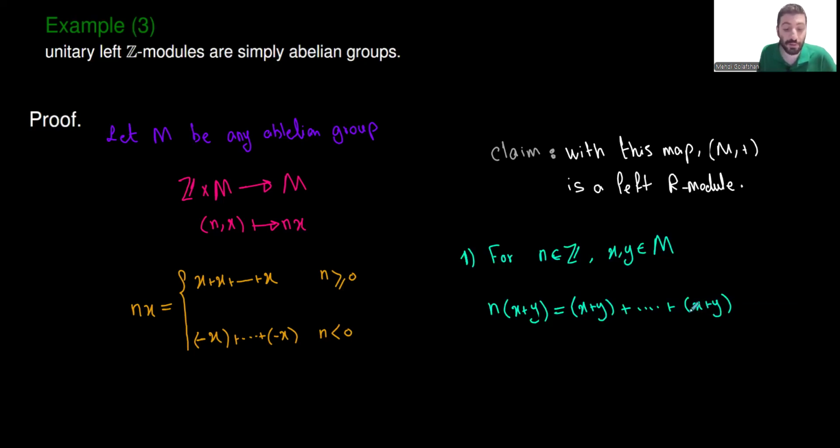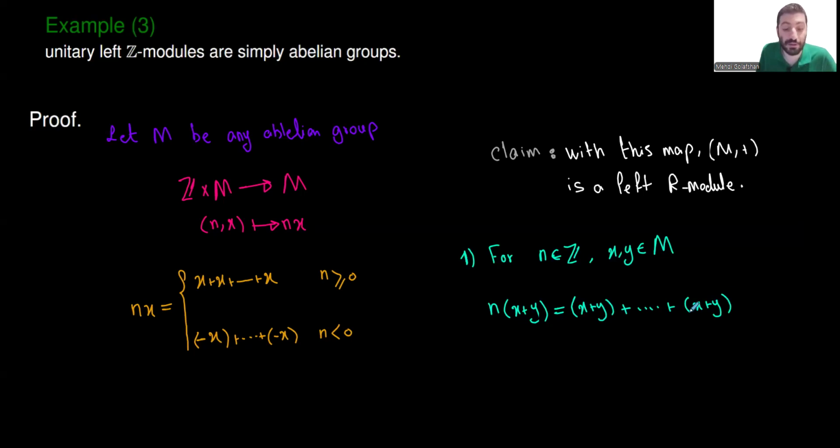Since M is an abelian group, we can separate all of the x's, and we can separate all of the y's, since the order does not matter in the abelian group.